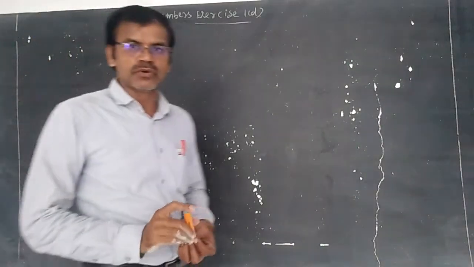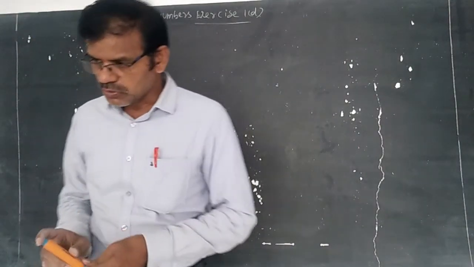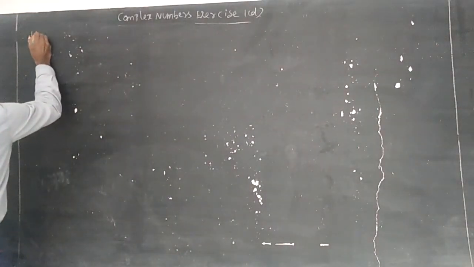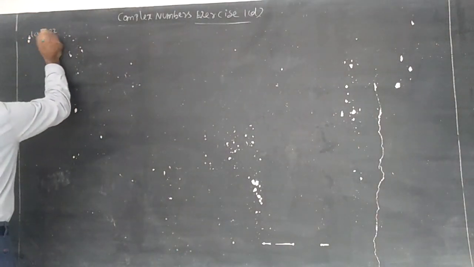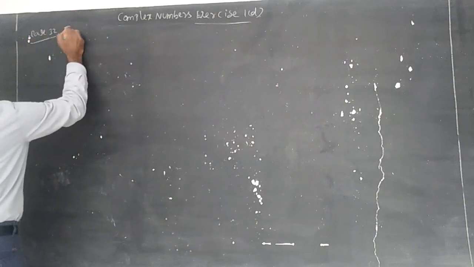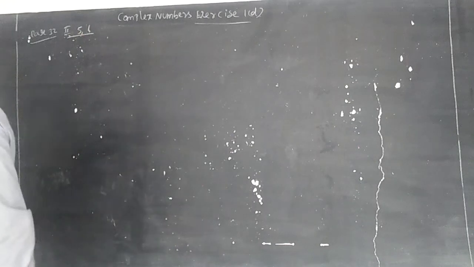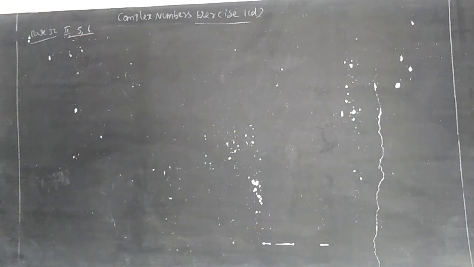Now page number 32, Roman number 2, fifth question. Exercise 1D, Roman number 2, questions 5 and 6 are on page number 32. The points P, Q denote the complex numbers Z1, Z2 in the Argand diagram.